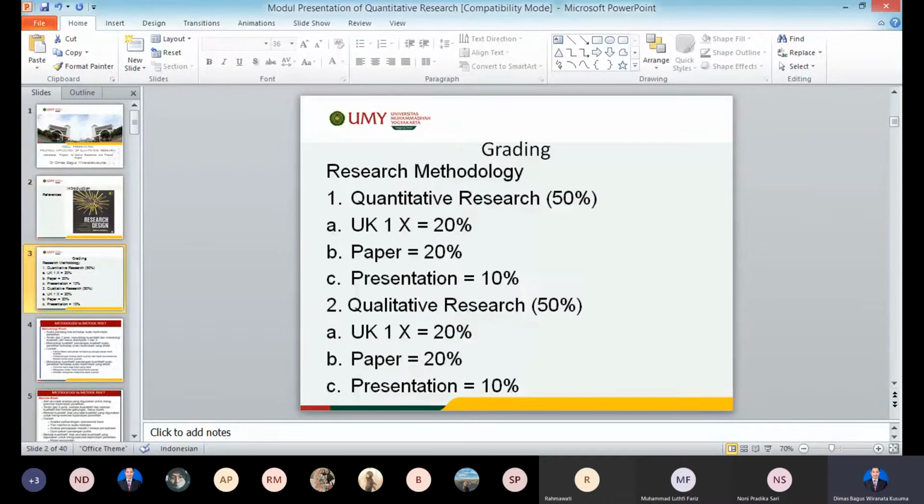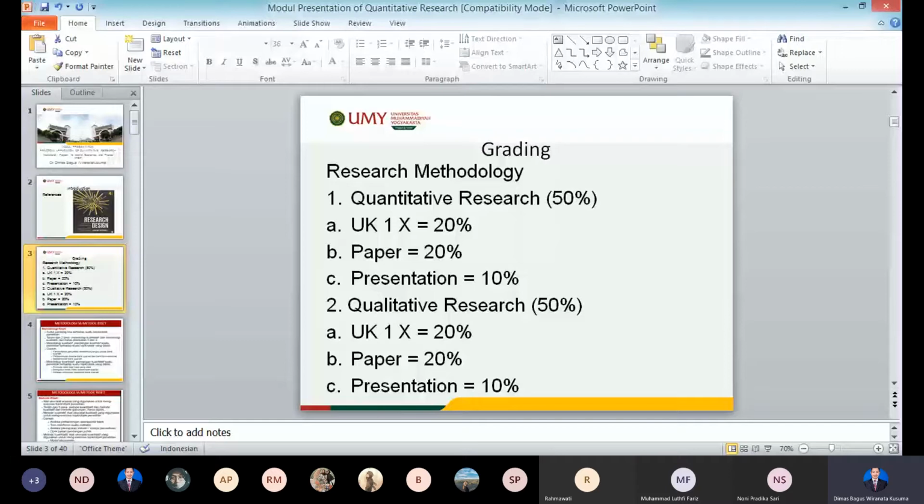And the next one, sisters and brothers, this methodology course basically comprises two parts. The first is quantitative research, and the second one is qualitative research. These two research approaches will be taught by different lecturers.